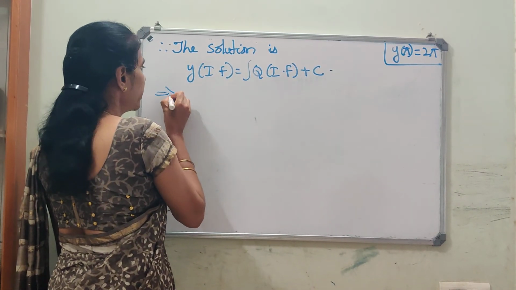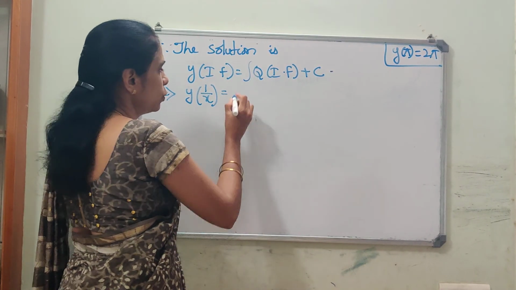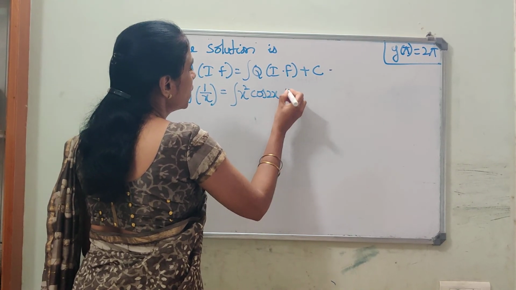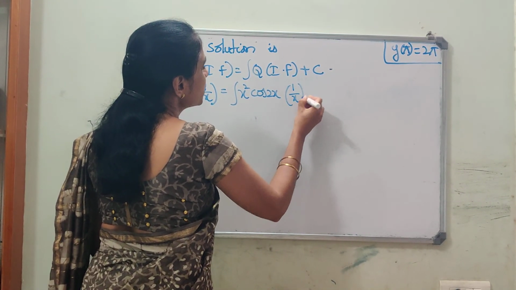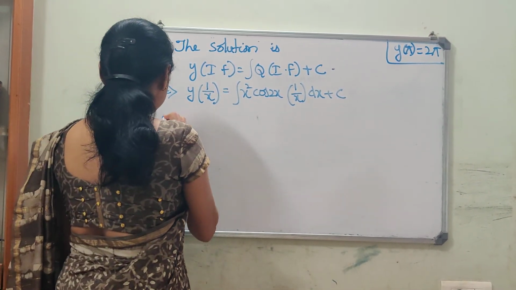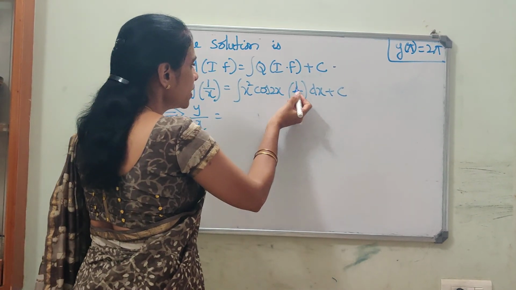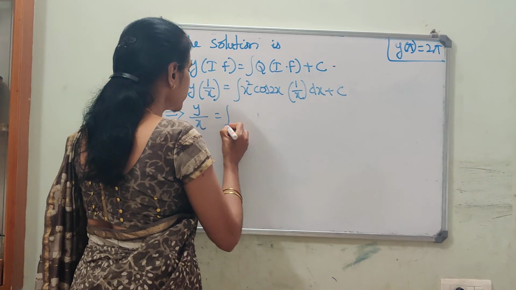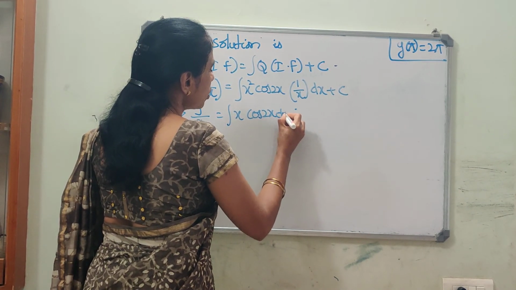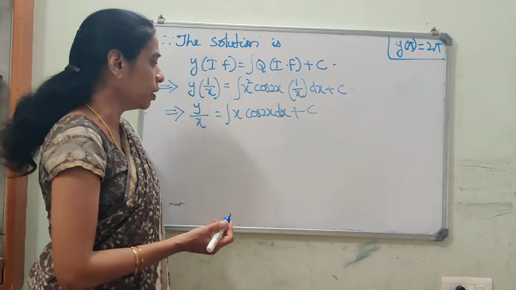So just substitute your integrating factor. y into 1 by x is equal to integration of q, x square cos 2x, into 1 by x dx plus c. So this is y by x is equal to, you can see here there is x square and there is 1 by x, therefore it becomes integration of x cos 2x dx, plus the constant of integration.